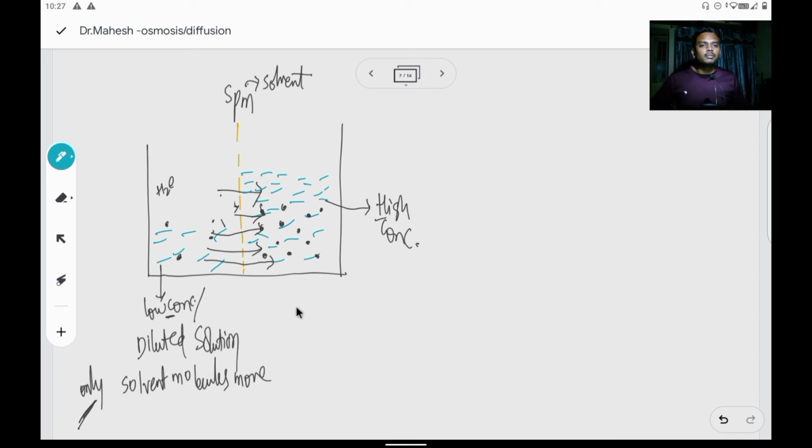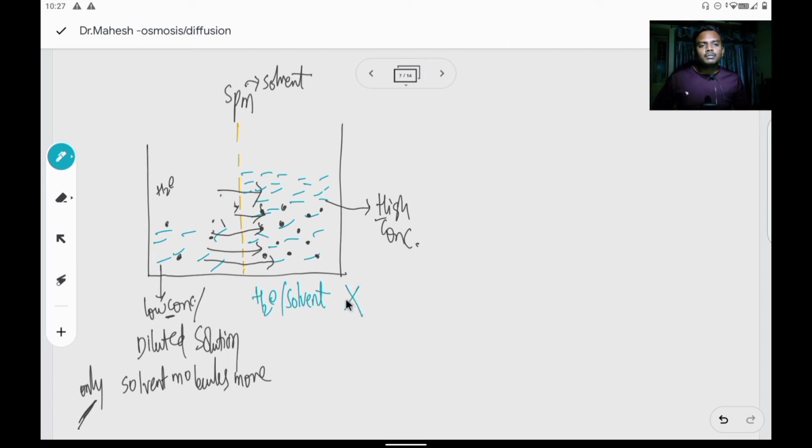So here one more point is the thing which diffuses. What is diffusing here? Water. Solvent is moving from this side to this side through the semi-permeable membrane, and it tries to get equal concentration on both sides, but that doesn't happen.